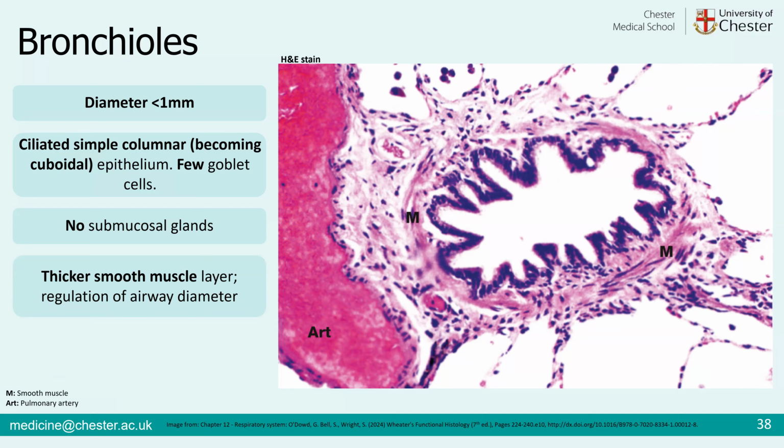Again, the smooth muscle layer helps with regulation of airflow into and out of the respiratory system. But crucially, in the bronchioles, we have no cartilage. So if the airway is irritated, for example in asthma, that smooth muscle can inappropriately contract, close off the lumen, close off the airway and prevent airflow.